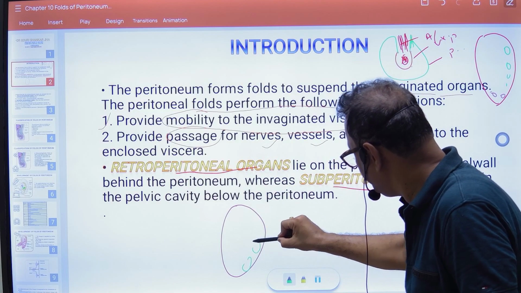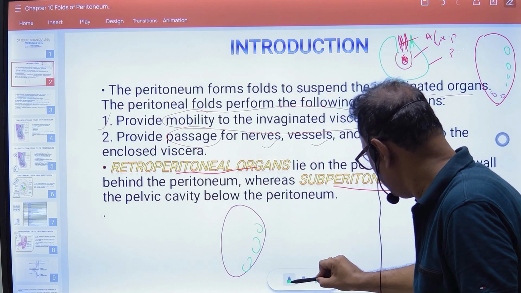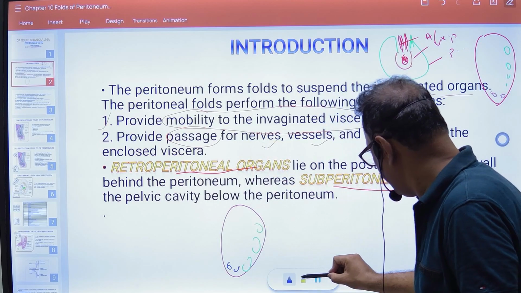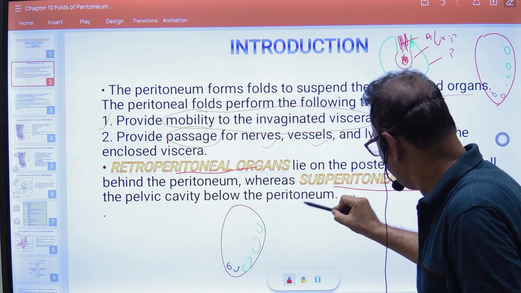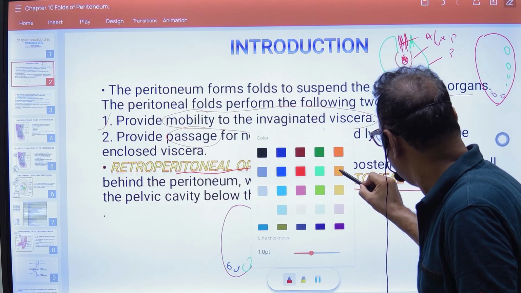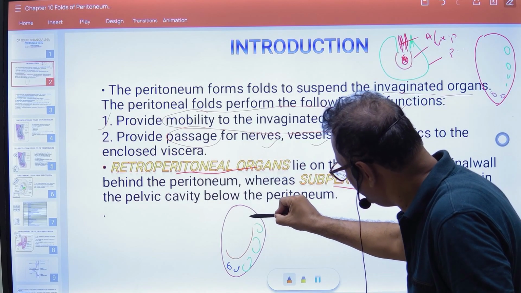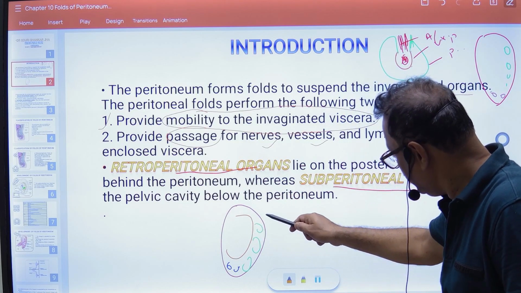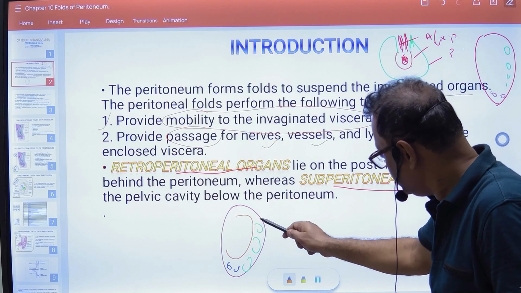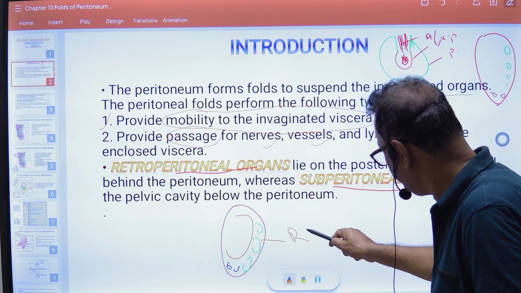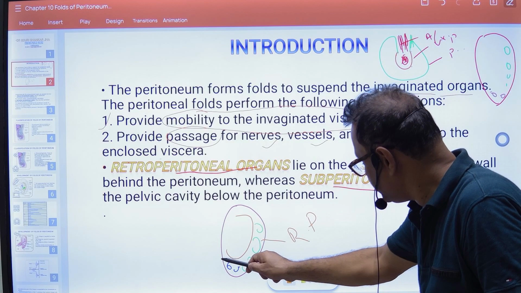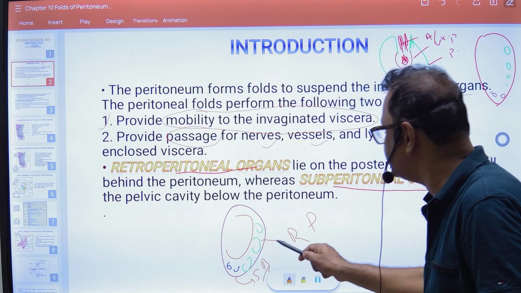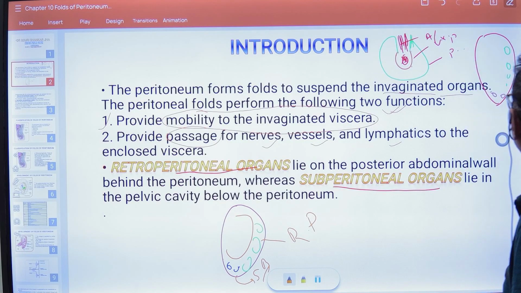And if this is the peritoneum, we have got those organs which are lying on the posterior wall. These are the retroperitoneal. And those organs which are in the pelvic region are considered as the subperitoneal structure.